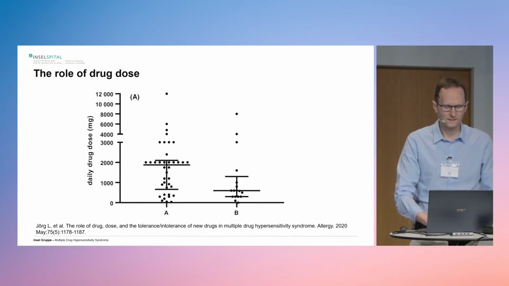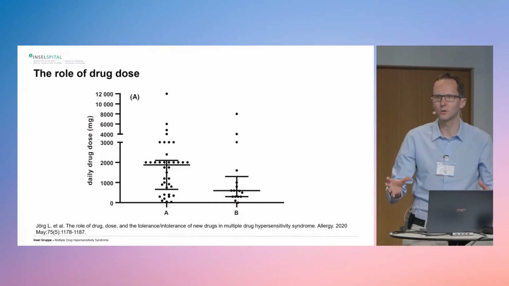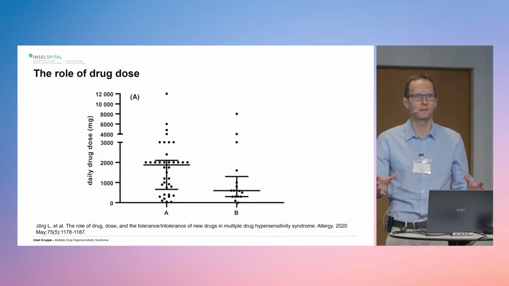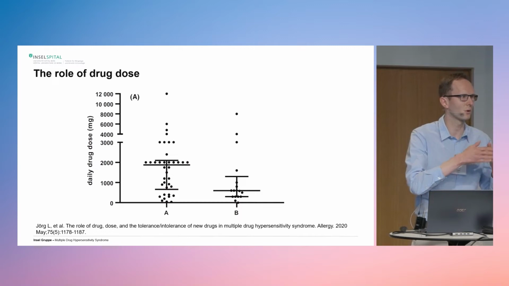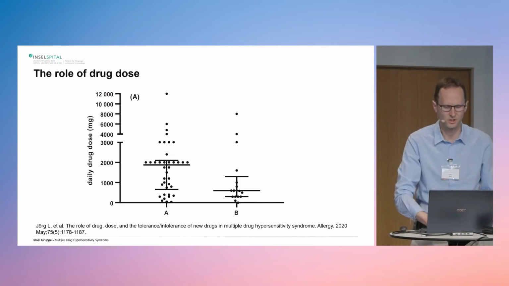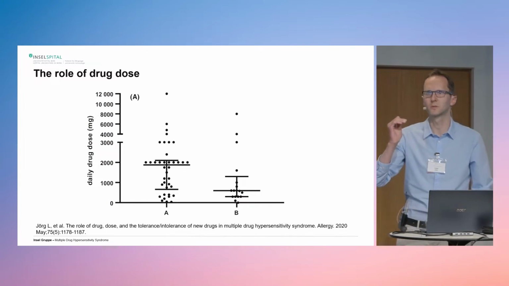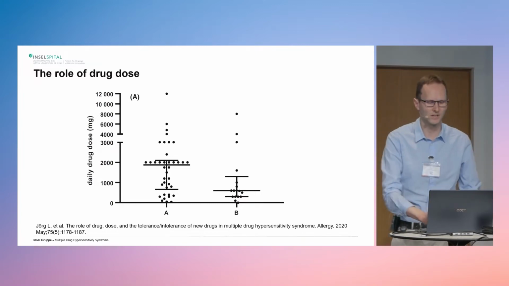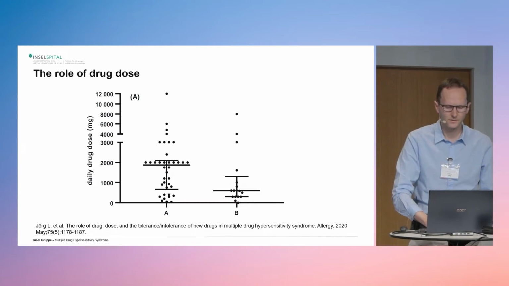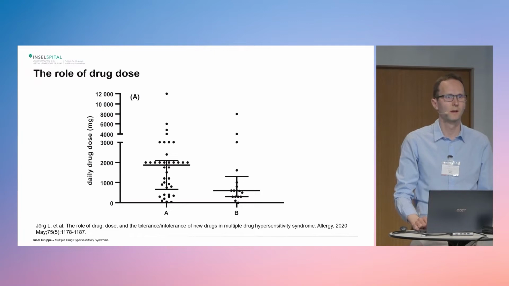We thought that high dose drugs are associated with the development of DRESS and also of MDH. Interestingly, when you look at the second reactions in these patients, the threshold to develop a drug hypersensitivity reaction is lower. So here also low dose or lower dose drugs had the possibility to react.